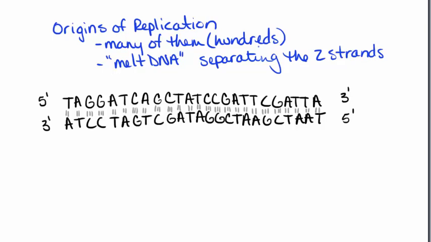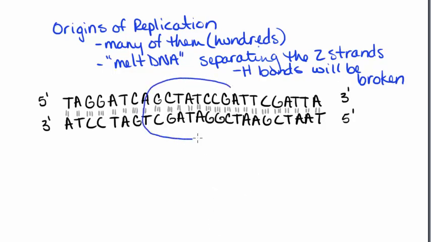To get even more specific, the hydrogen bonds that are holding the strands together will be broken, and as soon as those are broken, the two strands will separate. Again, it's just a localized area. If we're looking right here, maybe it's just this little area that opens up, because a specific enzyme is going to go through and break all of those hydrogen bonds on the inside so that we can separate the two strands from each other.